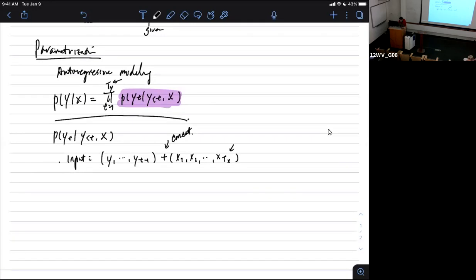And what is the output? The output is y_t, which can be one of the words in the target side vocabulary. I'm going to just use V for convenience from here on.